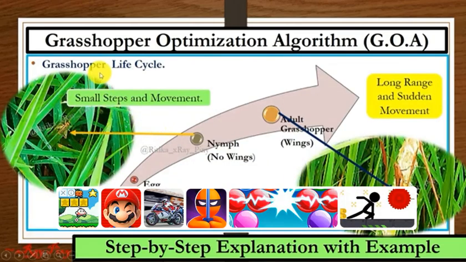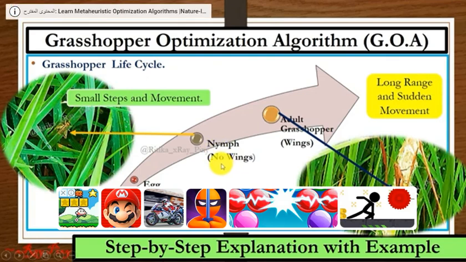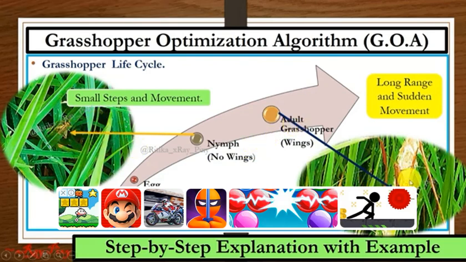This is the grasshopper life cycle. First we have eggs, from eggs nymphs, and here we have different nymph stages, and in this stage the grasshopper has no wings. As you can see, this is a nymph with no wings, and this is an adult grasshopper, and you can see the wings here.